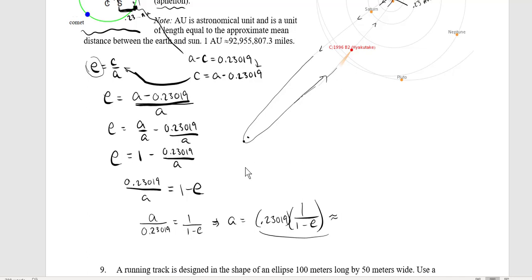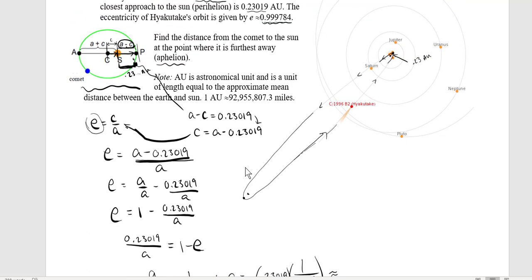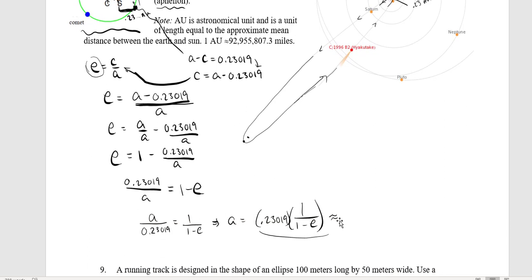This eccentricity we said is, that's the weird number, 0.999784. And so when I run all these numbers, this is what I get. I get that A is roughly 1065.7.